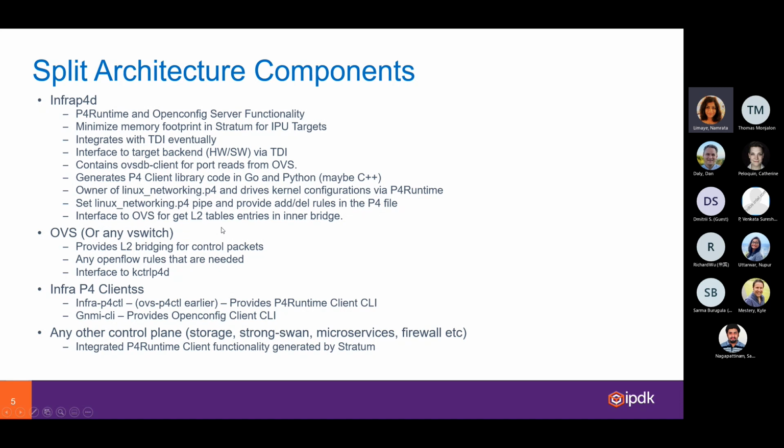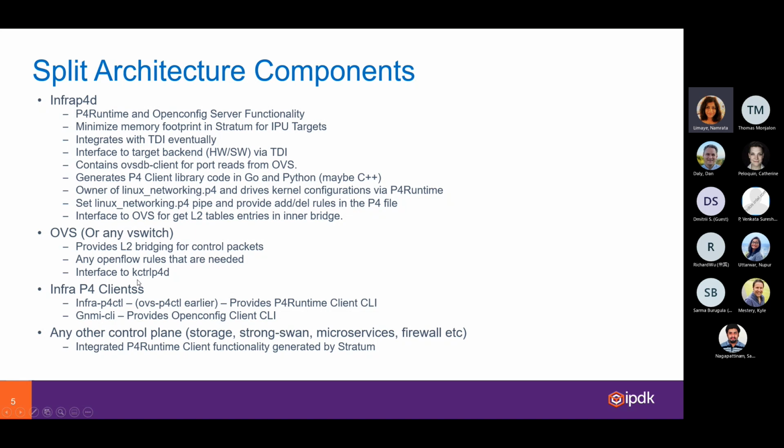Then we have an interface to OVS for getting the L2 table entries in the inner bridge. This can vary from switch to switch, and the functionality can be added based on what the switch provides. For OVS, the patch will now become much smaller, and we will have the P4 runtime client integrated in OVS, which will provide the L2 bridging details into the infra P4D, or any OpenFlow rules that are in the control path and that are managed by OVS.